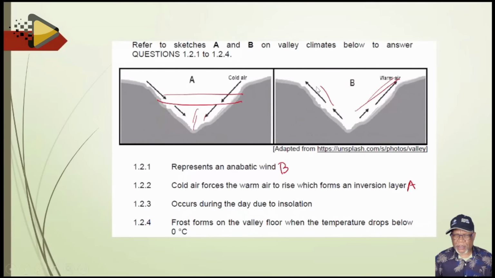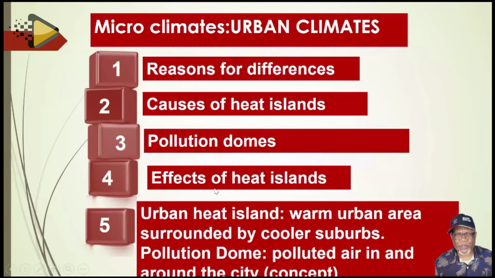This is what occurs, which is B. Frost forms on the valley floor when the temperature drops below freezing point, which is at A. So these questions are so similar. When it comes to valley climates, I expect everybody to get 100% from the questions.